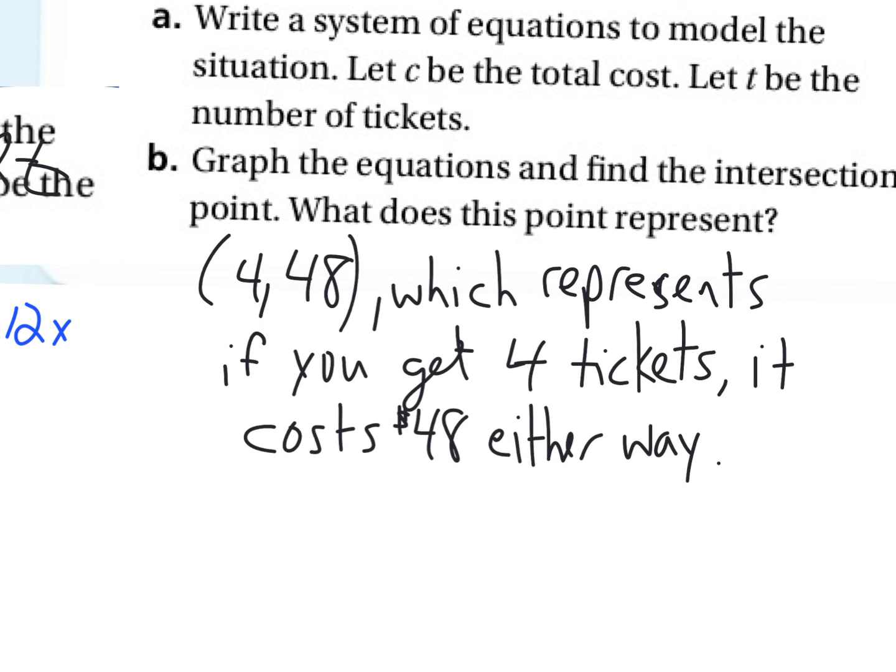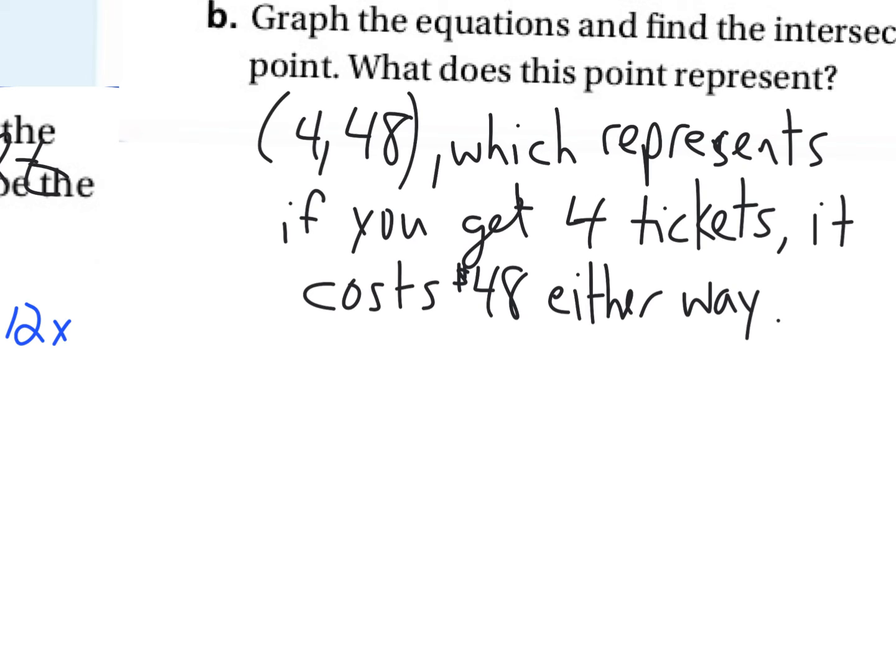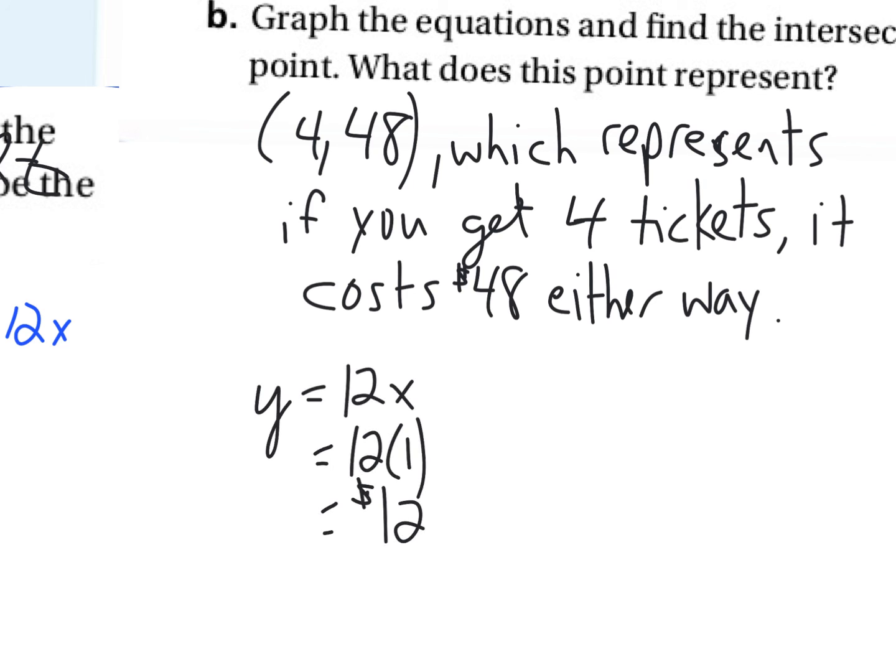Then we could analyze that if you bought less than 4 tickets, at the door would be better. Here's a way to think about it if you're not sure. I know that's not asking you this question, but just think about if you bought one ticket at the door, it would be $12.